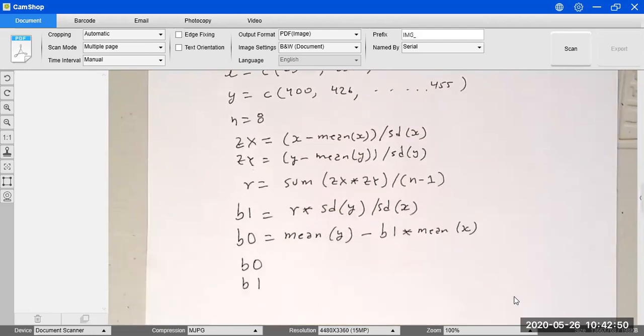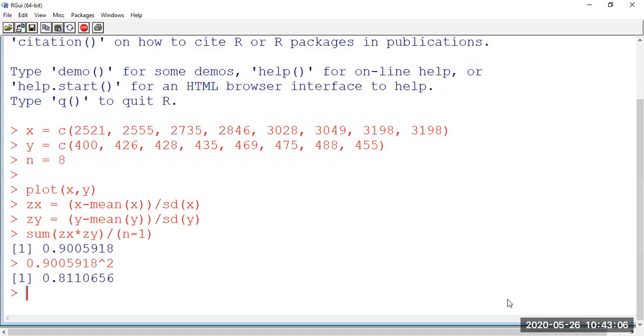So let's work on this problem to get the equation of the line. I'm going to go back to my R console. Let's see, my R console is here for you to see it.